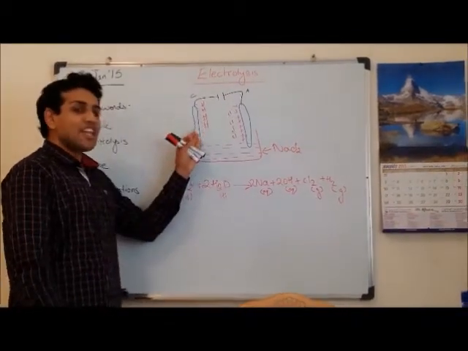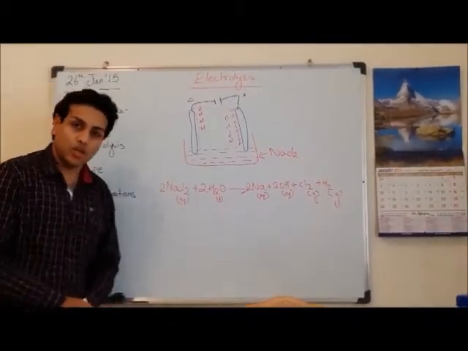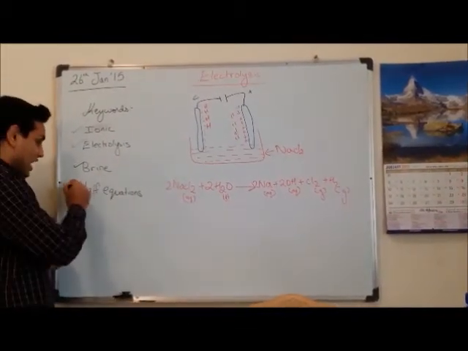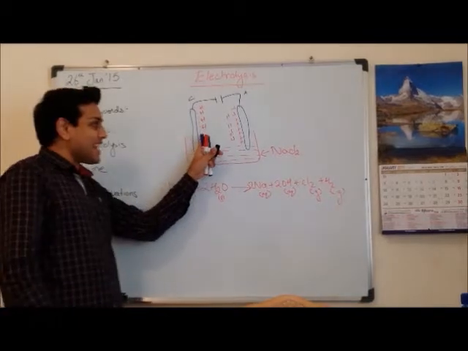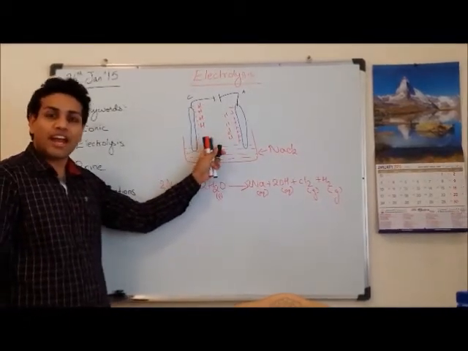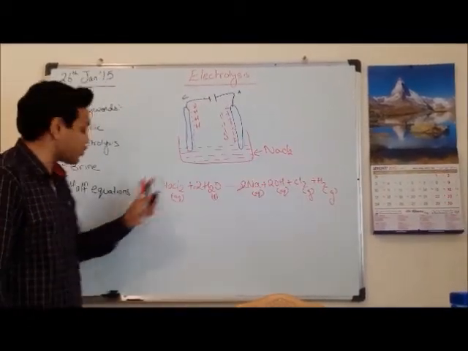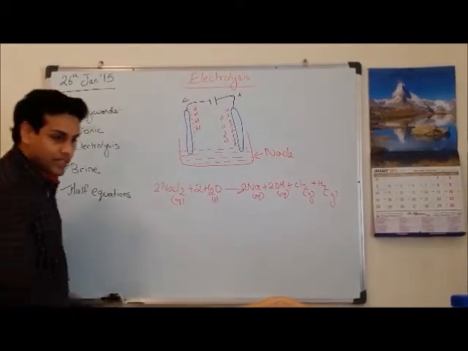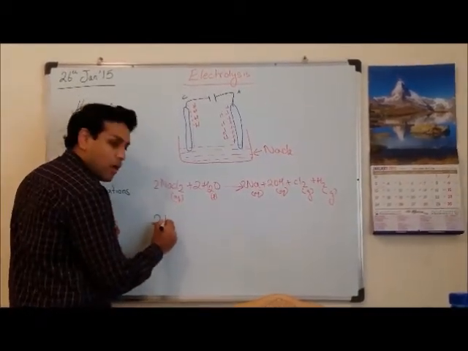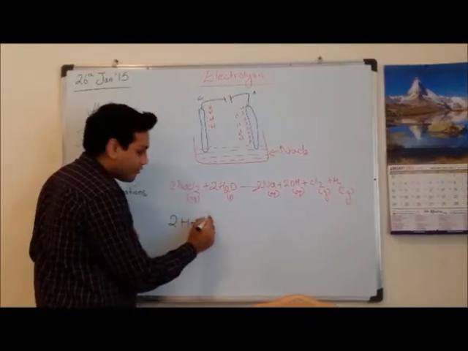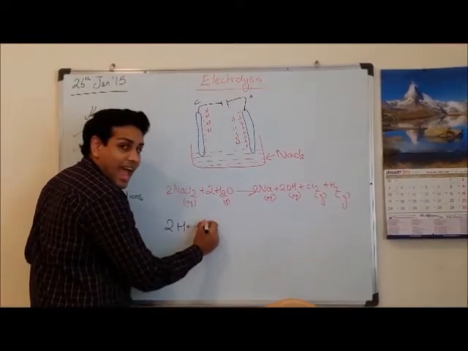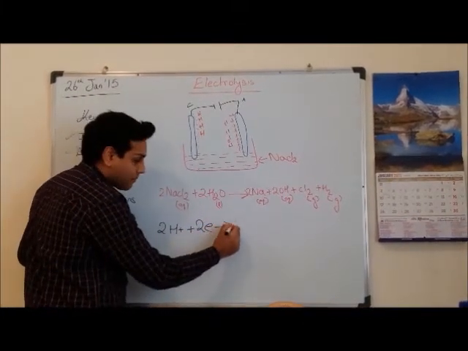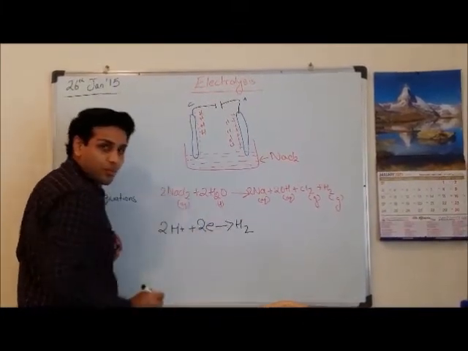As we can see, the reaction taking place at each electrode is called a half equation. Reactions taking place at each electrode, that is production of hydrogen gas and chlorine gas, are called half equations. Let us look at how it is written. I have 2 hydrogen positive ions which will add 2 electrons giving me H2.